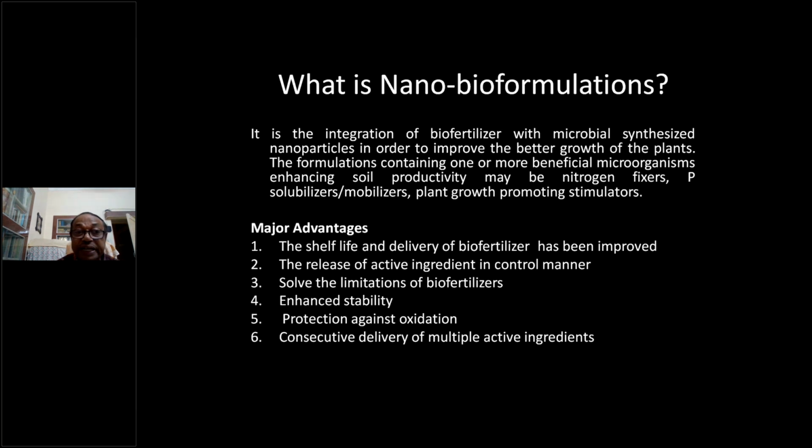The formulations contain one or more beneficial microorganisms enhancing soil productivity, maybe nitrogen fixers, P solubilizers, mobilizers, plant growth promoting stimulators. The major advantage we are getting with this formulation is that the shelf life and delivery of biofertilizer have been improved. The release of active ingredient in a controlled manner solves the limitation of biofertilizer, enhances the stability of biofertilizer, gives protection against oxidation, and allows consecutive delivery of multiple active ingredients.